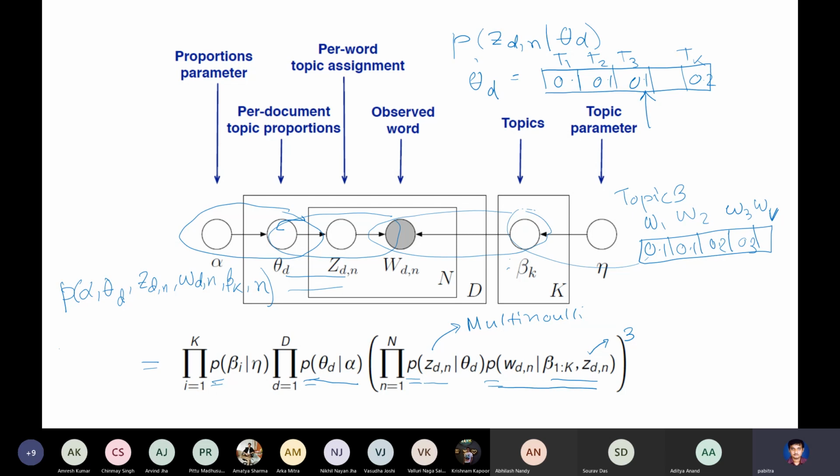Given this, these vectors, this is my beta 3, the word distribution.